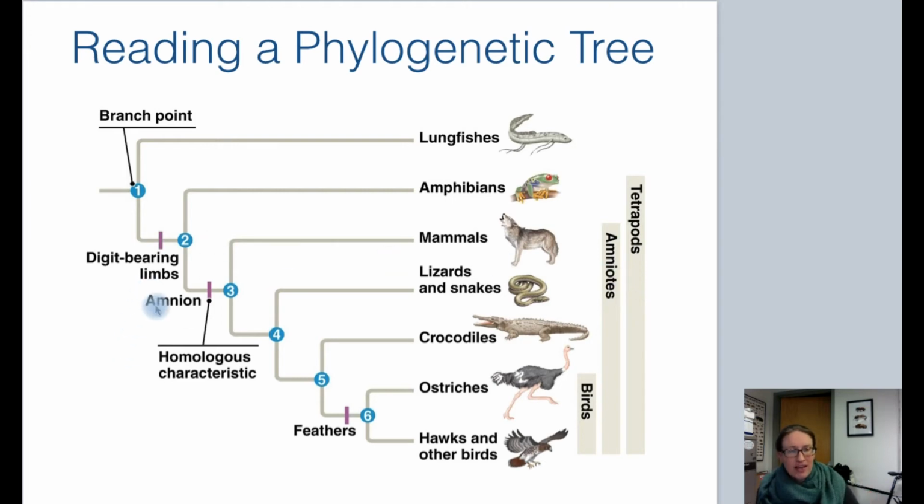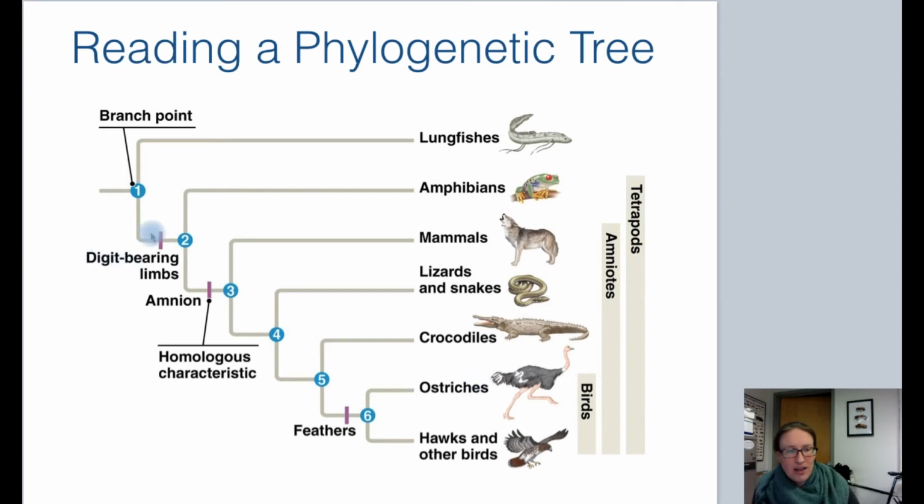And you'll notice, at each of these branch points, that's where something has happened with some homologous characteristic that now distinguishes this taxonomic group from the neighboring taxonomic groups.